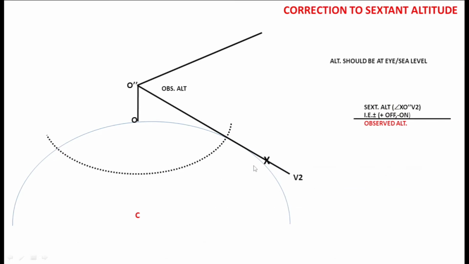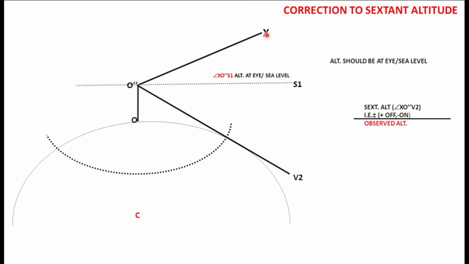The altitude of the body should be measured at sea level, because as you go higher and higher up, you'll be getting a different altitude. But at that particular time, the celestial body would have only one particular altitude. So it should be at sea level or at eye level.